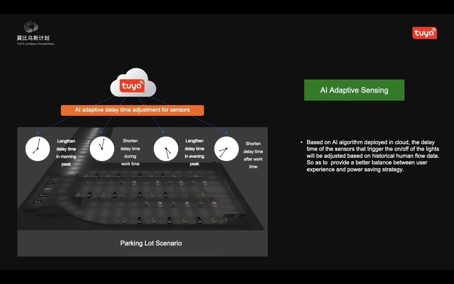During work time with less motion, with less activity in the parking lot, the delay time will be shortened. So this can save more power consumption and take care of the user experience at the same time.